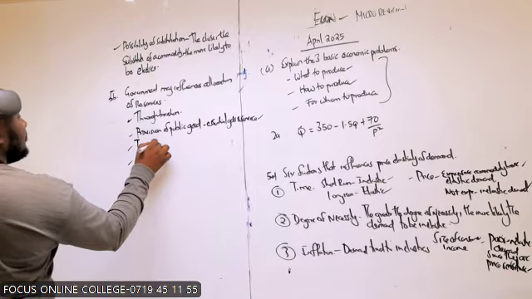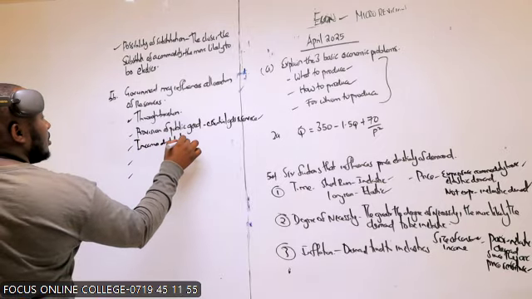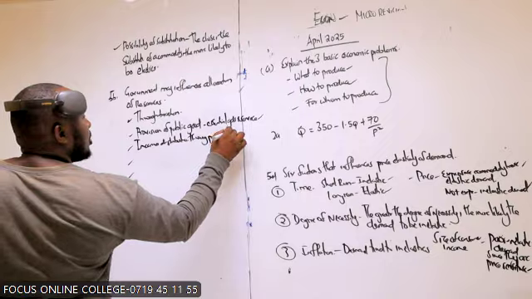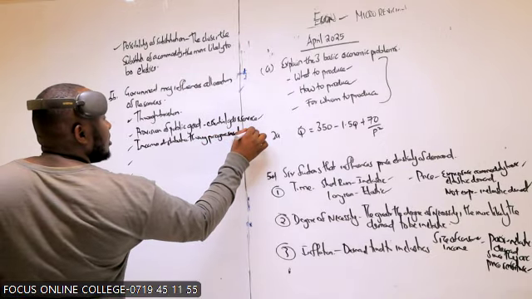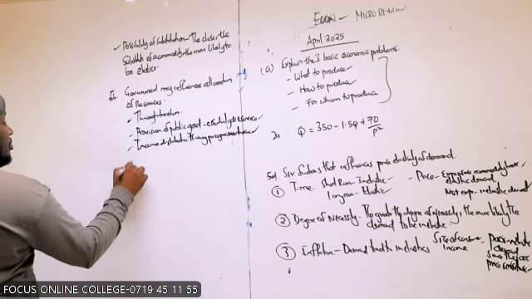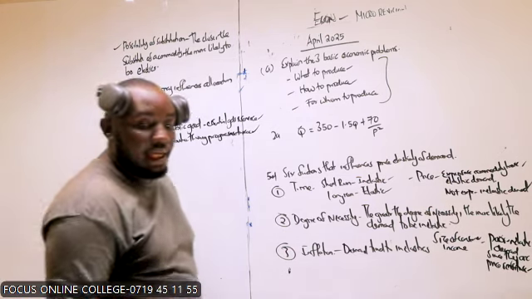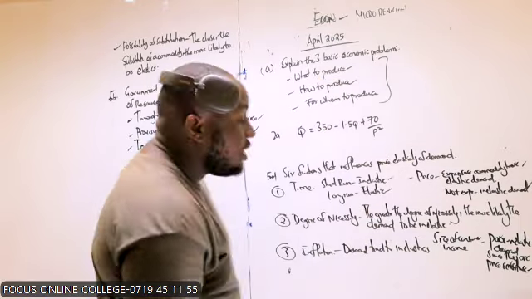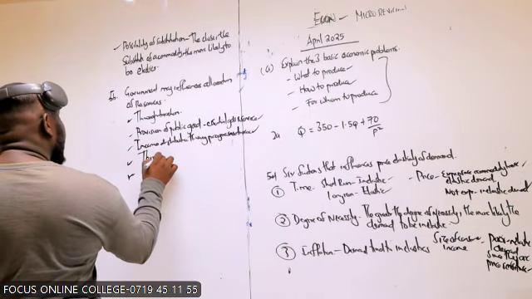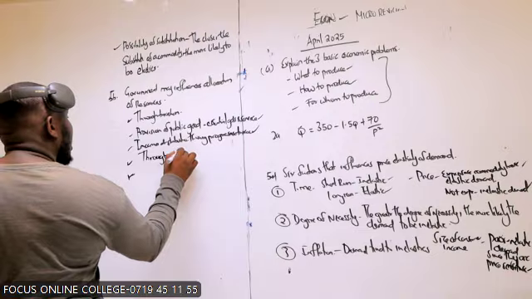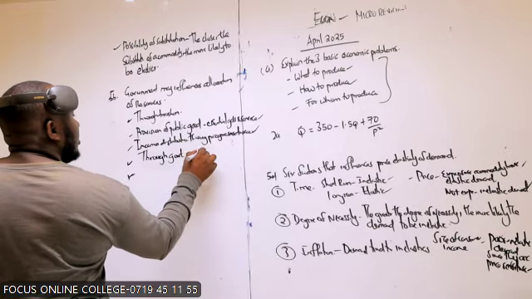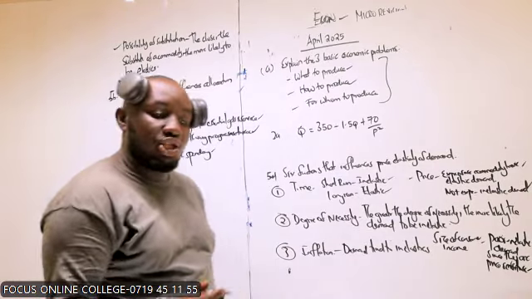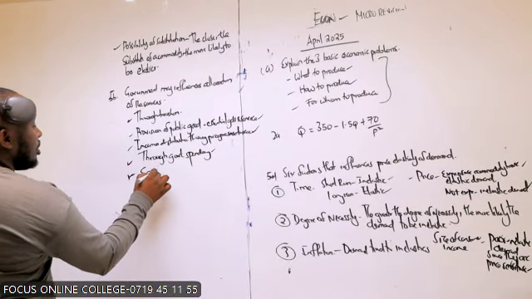Then we say through government spending. When the government spends, there's money, such as an equalization fund that goes to the marginalized.